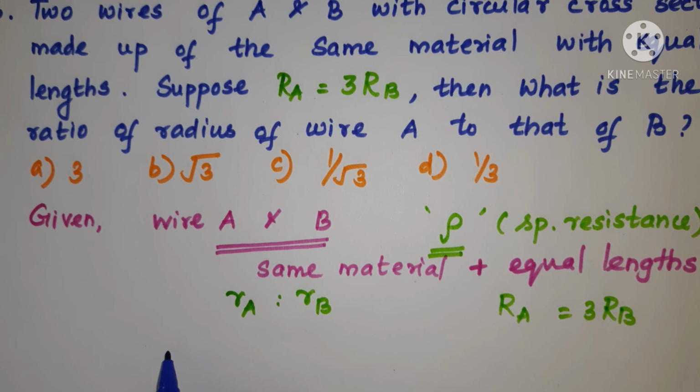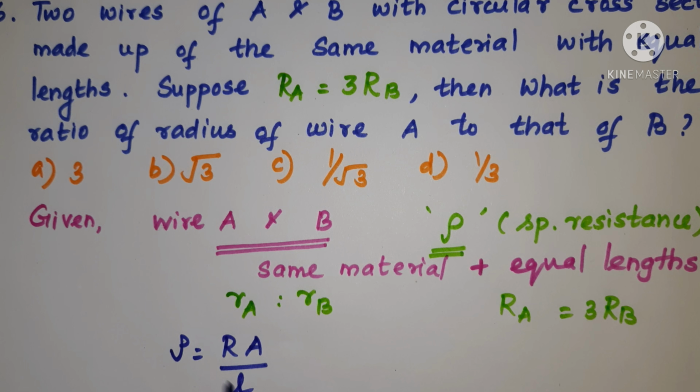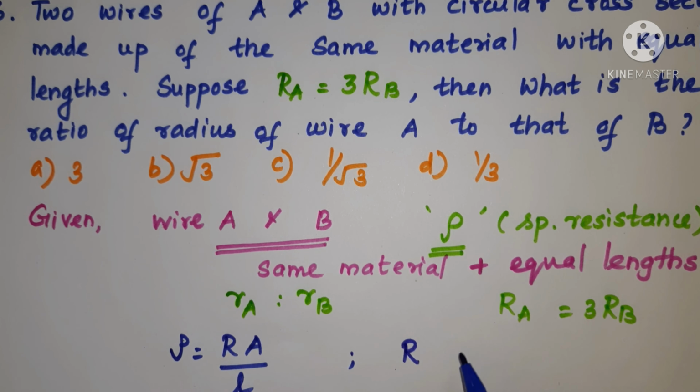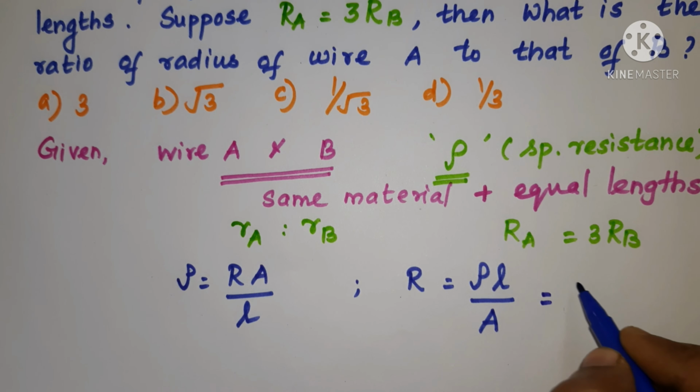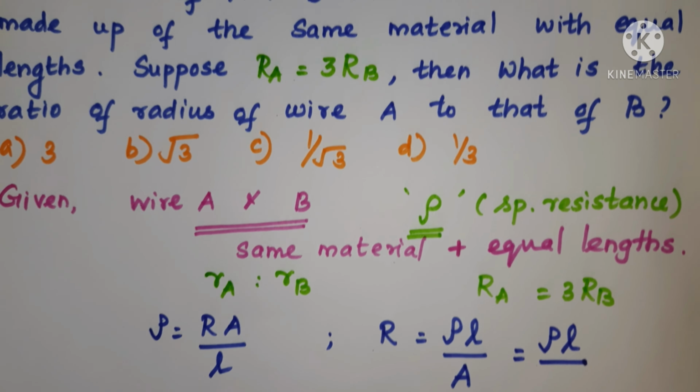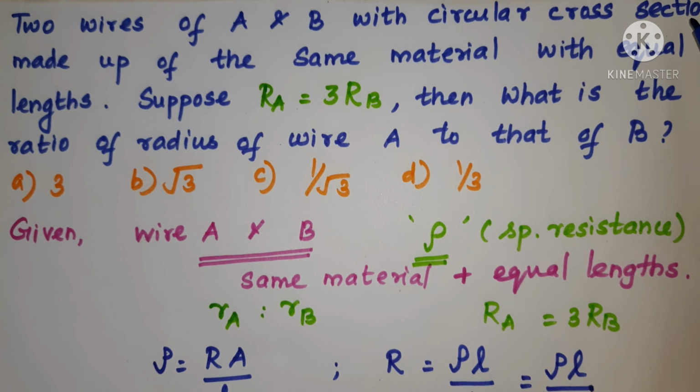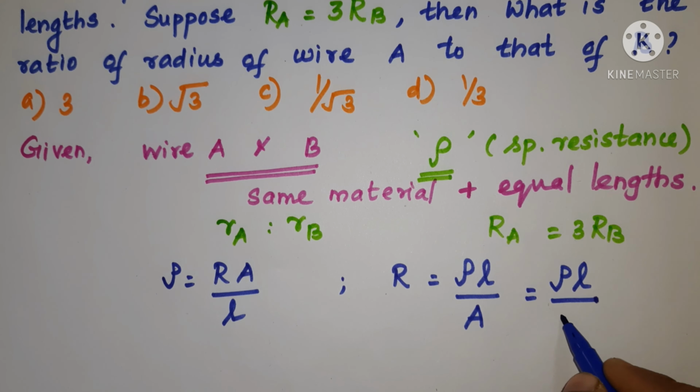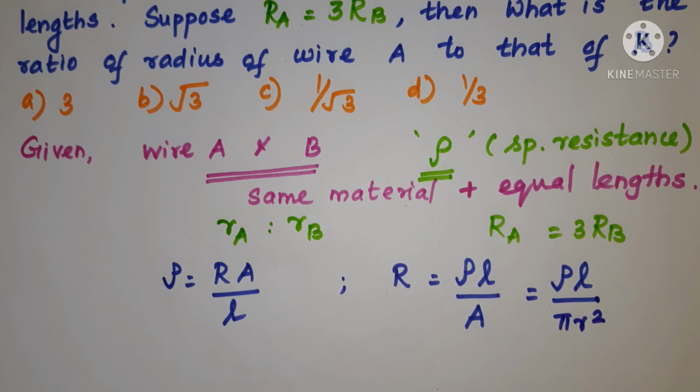We know that the specific resistance rho is equal to RA divided by L. Here we have to find this resistance R. So we can write this resistance R is equal to rho L divided by A. This is equal to rho L divided by, they are having here a circular cross section, so we can write the area to be pi r square.